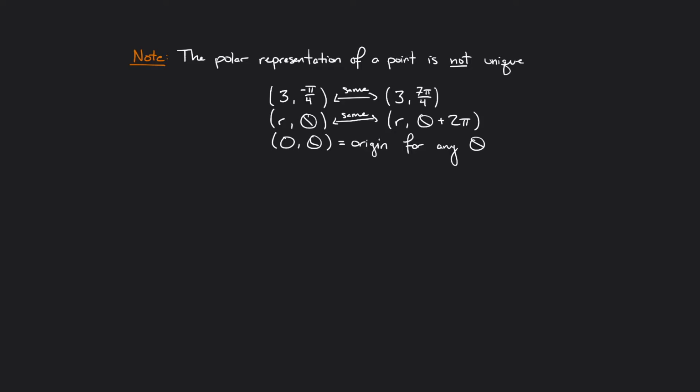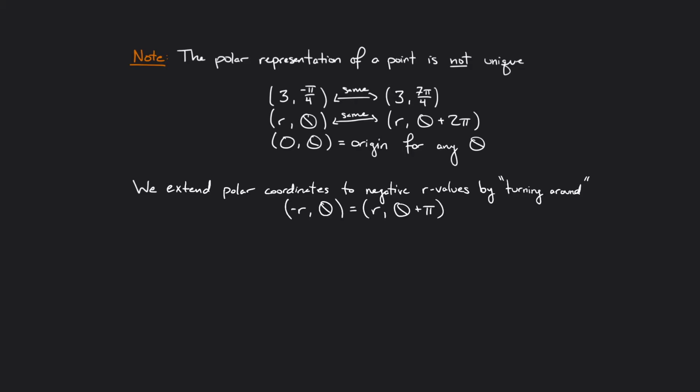Next, we'll introduce another form of non-uniqueness by allowing for negative r values. In terms of our directions of polar coordinates, we'll think about negative r values as turning around and walking in the opposite direction. In other words, the point (negative r, theta) is the same as the point (r, theta plus pi).